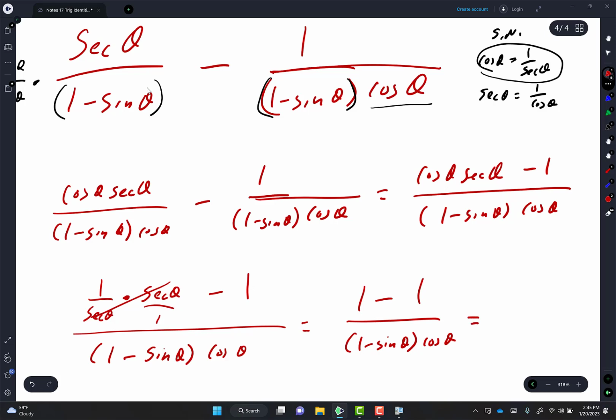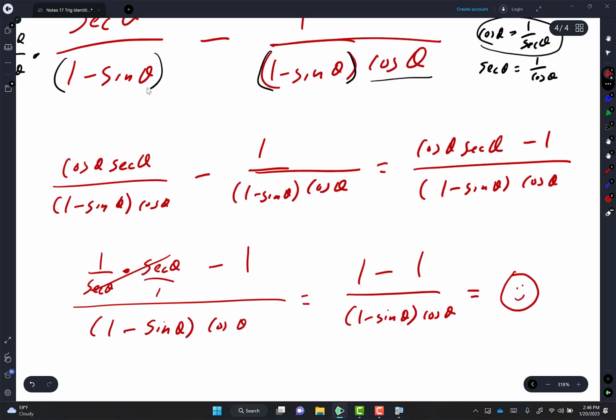What's 1 minus 1? 0. And 0 divided by anything? 0. Oh, that's a cute smiley face. So this answer is 0. Does that make sense to you guys?